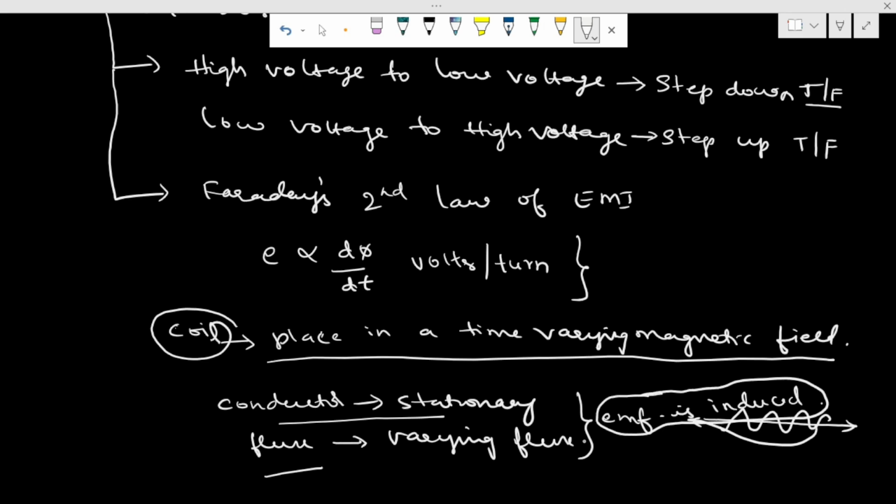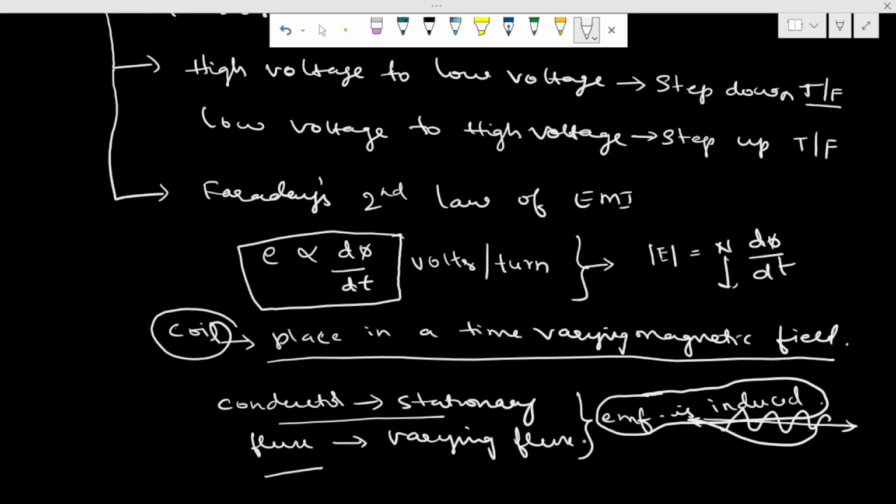Induced EMF we can get, and this is the formula for the induced EMF, to be derived in a further lecture. When we take the magnitude of the induced EMF, we can write it as N d phi by dt. Here N is the number of turns in the coil.